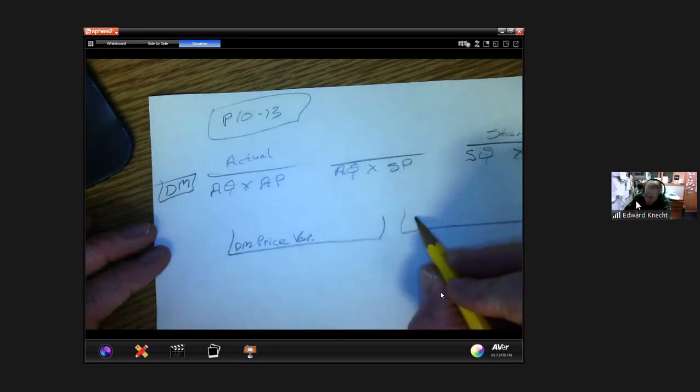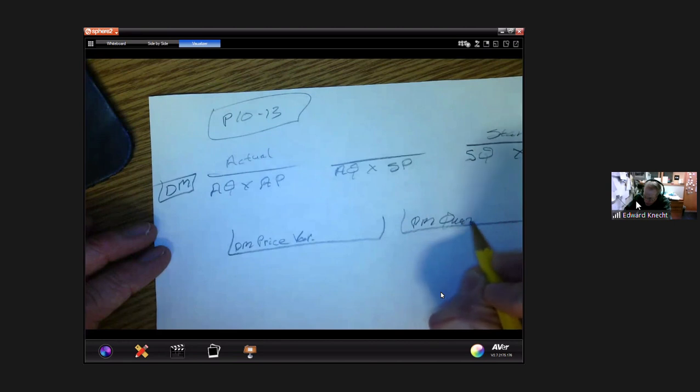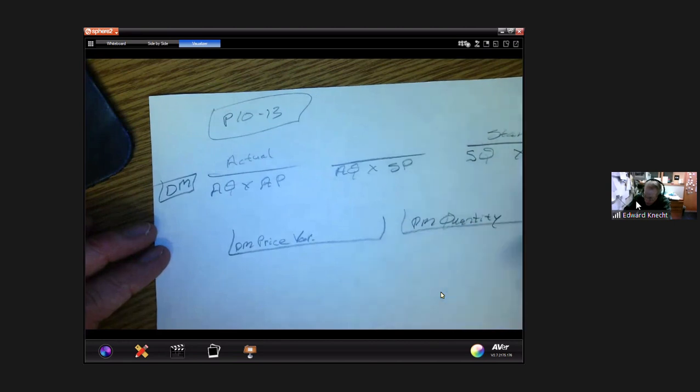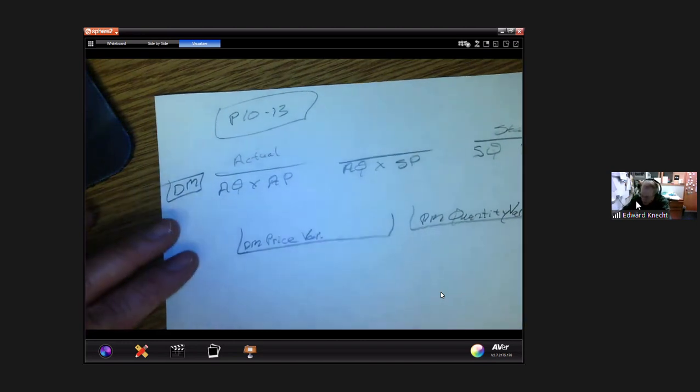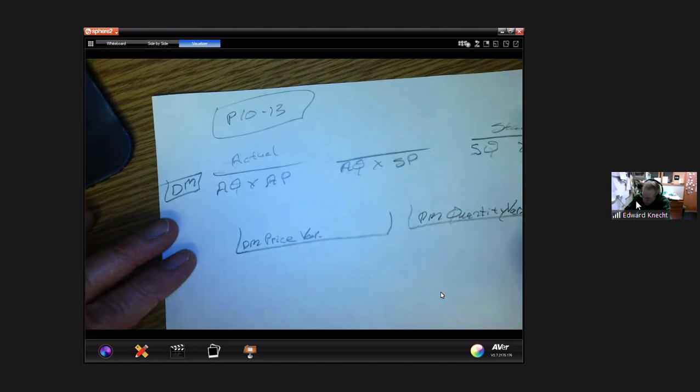That is known as the direct material quantity variance. So did we use too much or did we use less materials in finishing the goods?